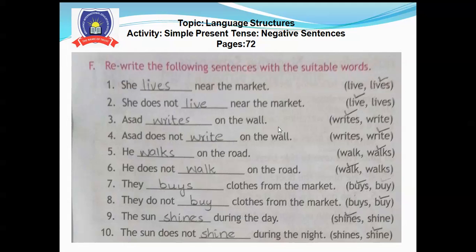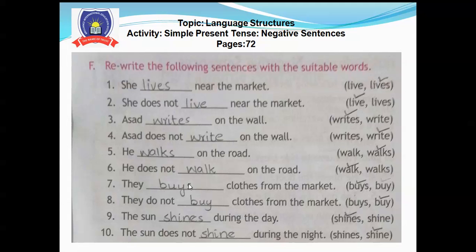He walks on the road. He does not walk on the road. They buy clothes from the market. They do not buy clothes from the market. Here there will be no s, okay?